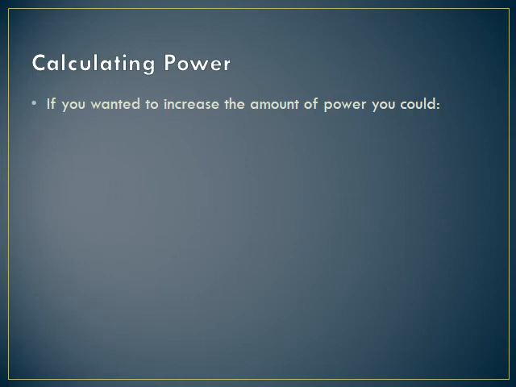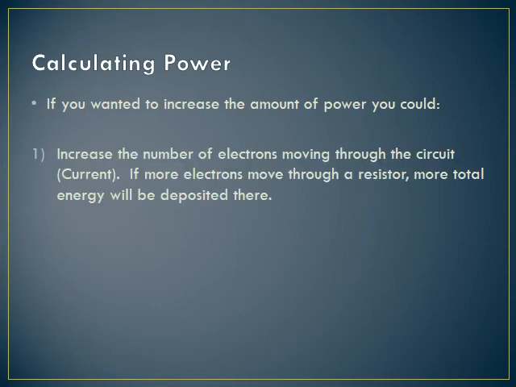If we want to calculate the amount of power coming out of a battery or being used at a resistor, there are two ways that you can increase the amount of power. The first is to increase the number of electrons moving through the circuit, which is another way of saying increase the current.